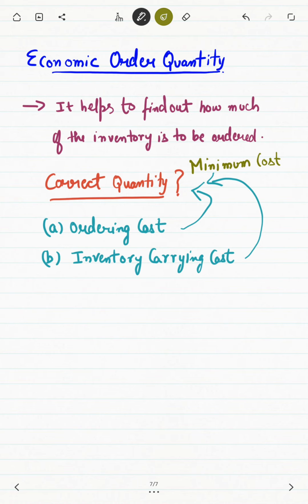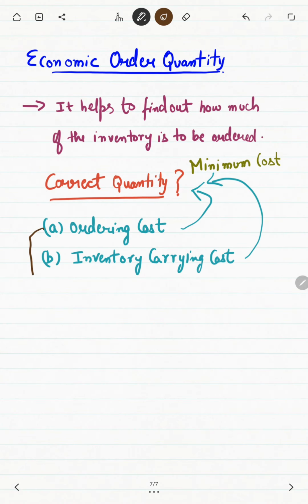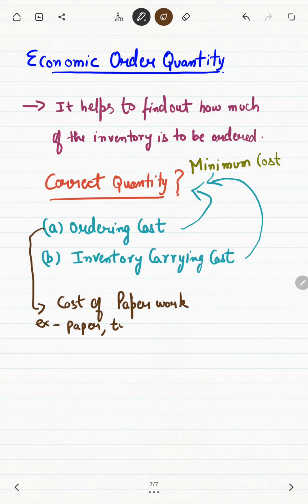First of all, let us understand what is the ordering cost. Ordering cost is the cost of paperwork involved in placing an order, such as paper cost, typing cost, posting, filing.